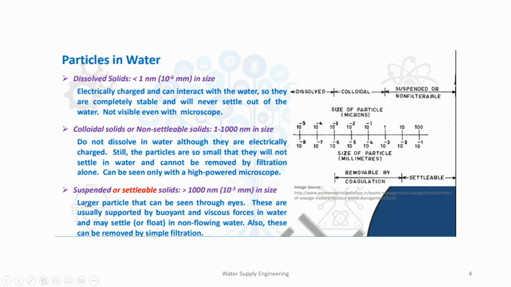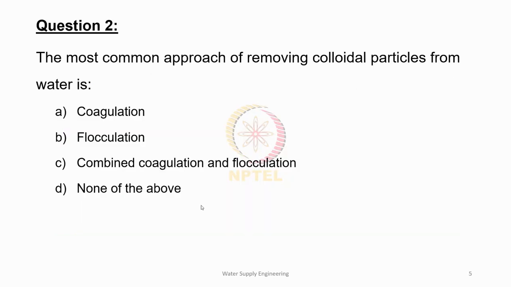And the last type, suspended or settleable solids, are the larger ones, of size greater than 1000 nanometer, and will settle out in stagnant or static water, or if given proper detention time. These are visible even with our naked eyes. So that was question number one.